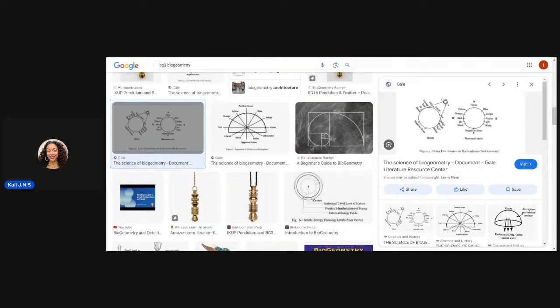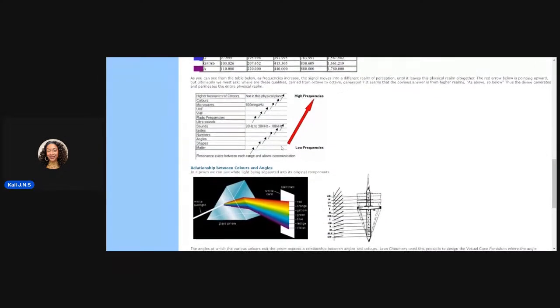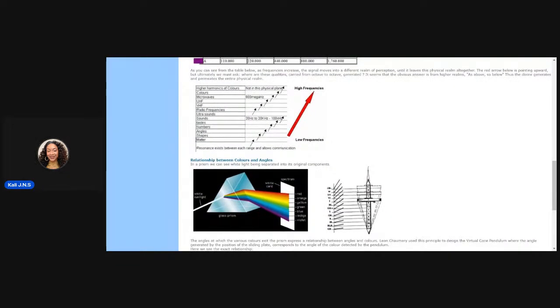And so, to show you an example of what I mean, as you can see, as frequency increases, you get matter, shapes, angles, numbers, tastes, sounds, ultrasounds, radio frequencies, VHF, ultra higher frequencies, microwaves, colors, and then the higher harmonics of colors.